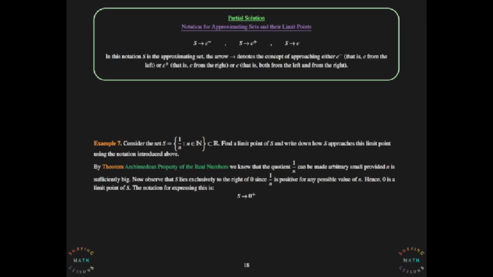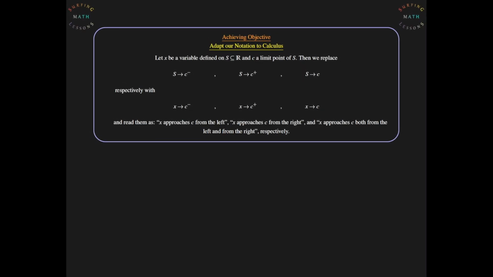We now do a small modification to the above notation, making it more in tone with calculus. The change is simple. Start by defining a variable over the approximating set. Then replace in each of the previous notations the approximating set's symbol with that of the variable.